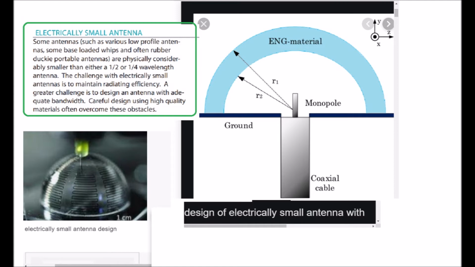The challenge with electrically small antennas is to maintain radiating efficiency. A greater challenge is to design an antenna with adequate bandwidth. Careful design using high-quality materials often overcomes these obstacles.